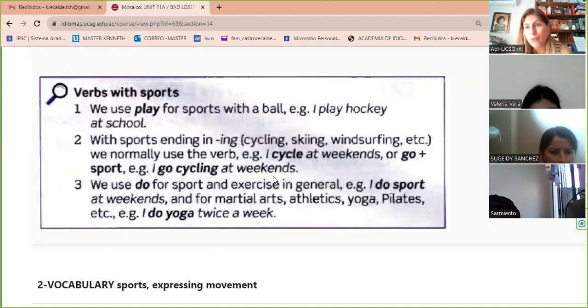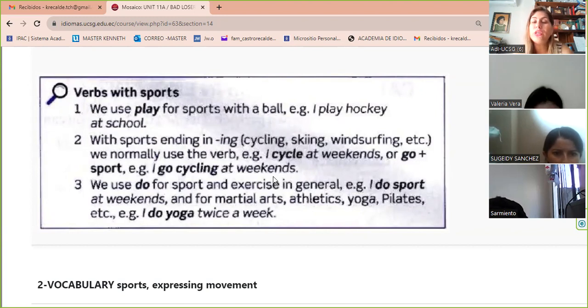You can also say, I play football. I play basketball because it requires a ball. Pay attention. But with sports ending in ing, we normally use the verb. For example, I cycle at weekends, or I go skiing, or I go windsurfing, okay?